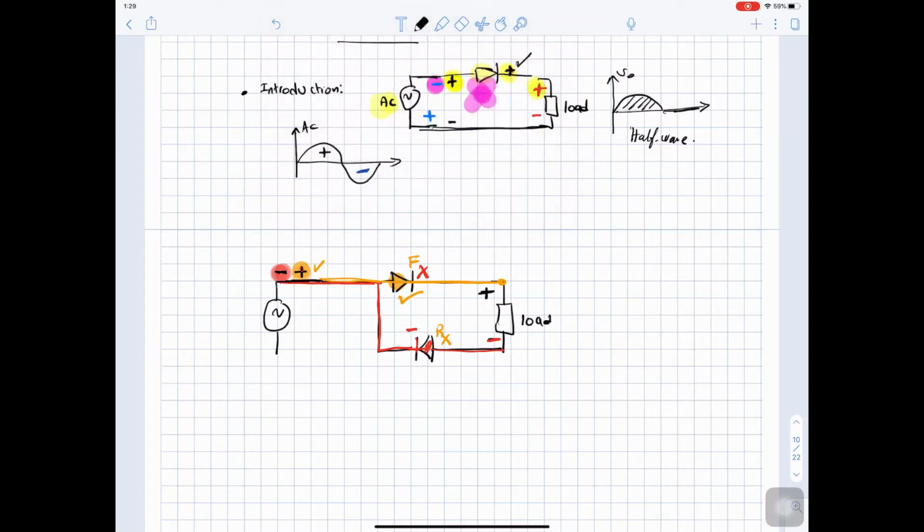And we can do the same here. So here, when it is positive, I need to connect it up, and when it is negative, I need to connect it down. So if this terminal is positive, this diode will take it up here, and when this terminal is negative, this diode will take it down here.